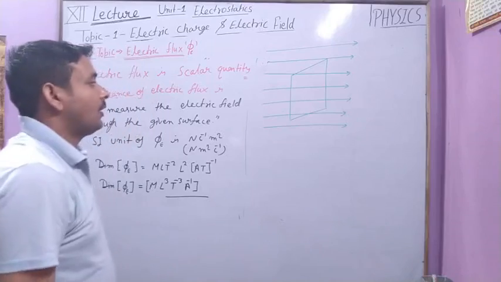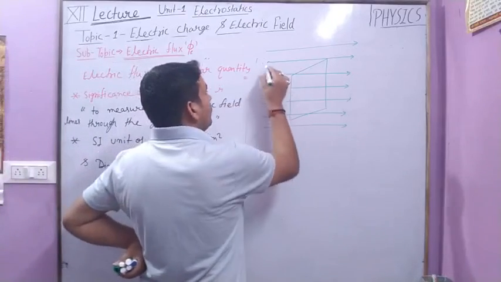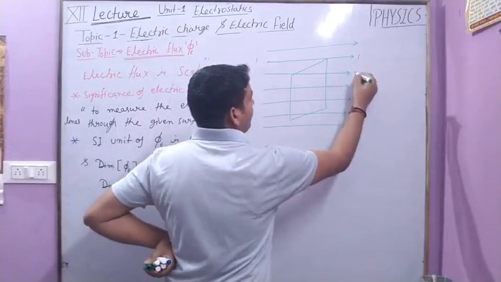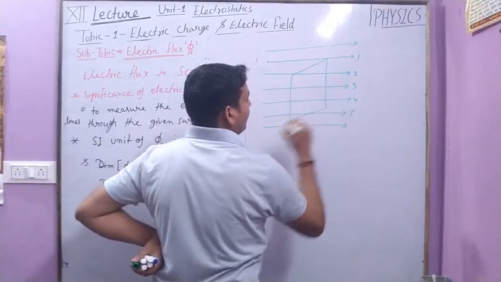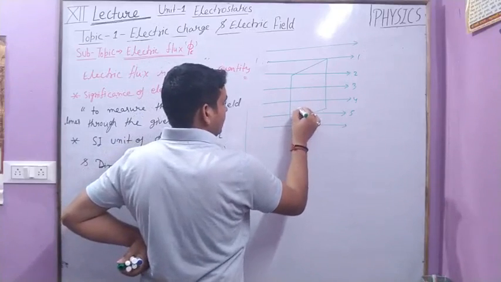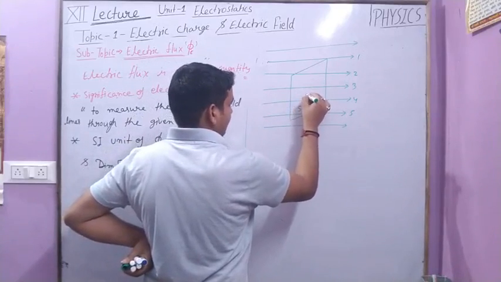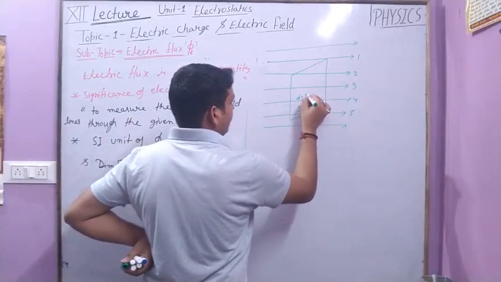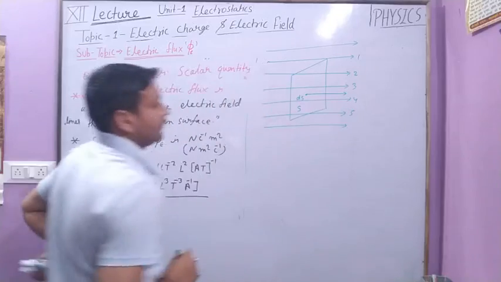Now here you get 1, 2, 3, 4, 5 lines moving through the surface X for any small area normal to the surface.